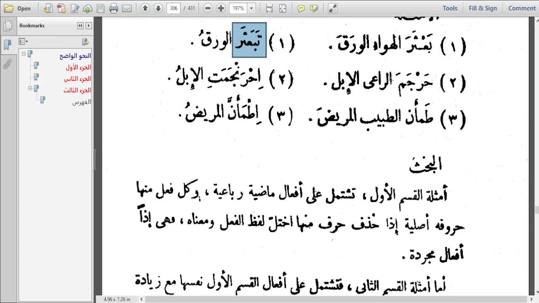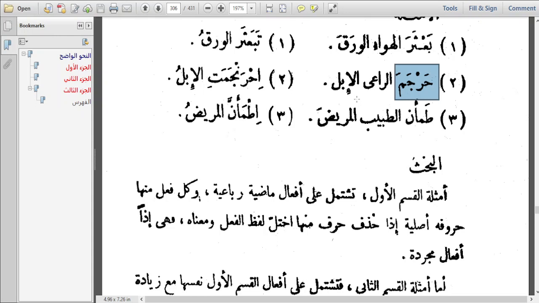Harjama ra'i al-iblu. Harjama, I think, is a new word we are seeing. Al-ibl is the camel. It is an ismu jins, so it is plural: there are a lot of camels. When you hear ibl, it can be used for a lot of camels.